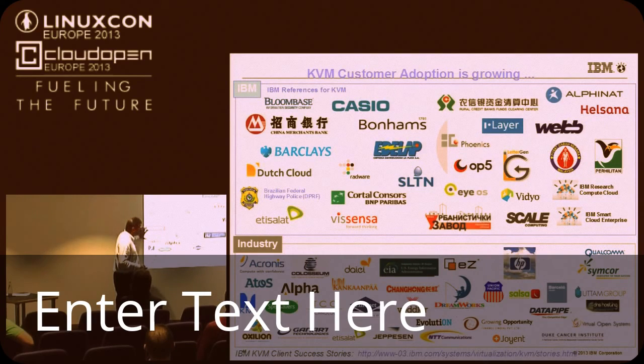The Google Compute Engine, for example, and the HP public cloud are using KVM, and this is a list of IBM customers today who are using KVM. And this is just a small subset. There's a URL here which you can use to get many more details on the IBM customers using KVM today.